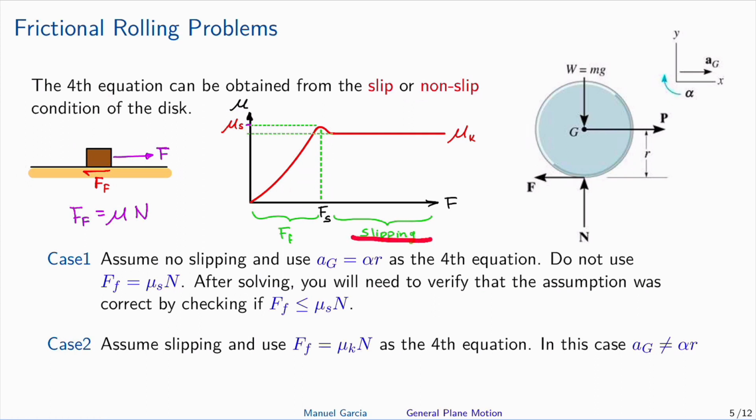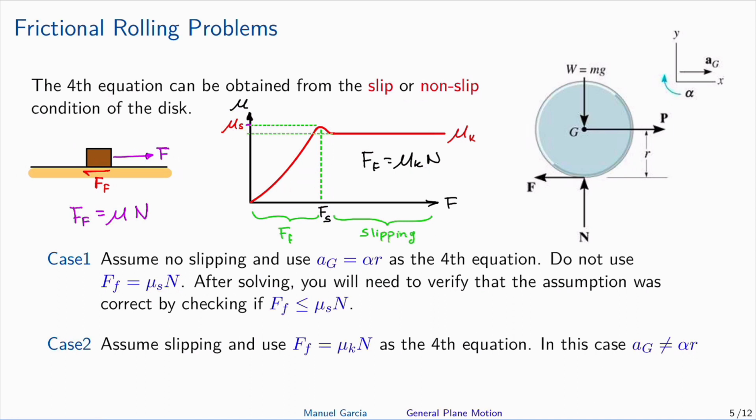So we start to have slipping, and at that point the friction force is equal to the static coefficient multiplied by the normal. After that value, as we keep increasing the force, the friction force remains constant at a value of mu k multiplied by the normal, and mu k is the kinetic coefficient of friction.